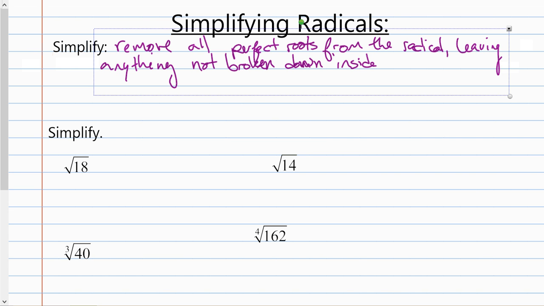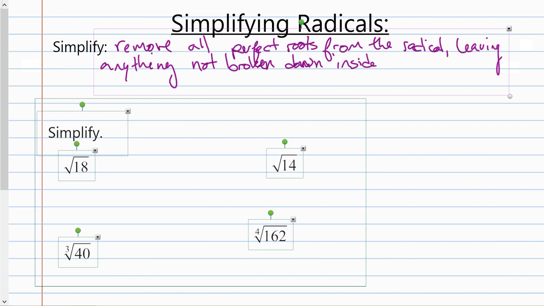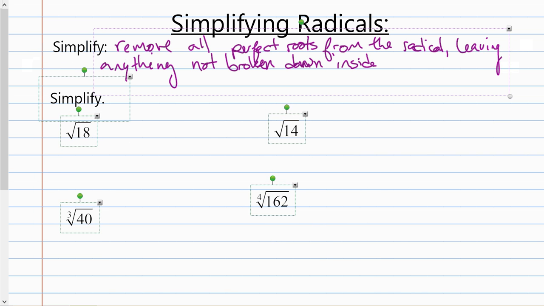And that's a little ambiguous until we start actually simplifying. So let's just jump in and play with those rules.